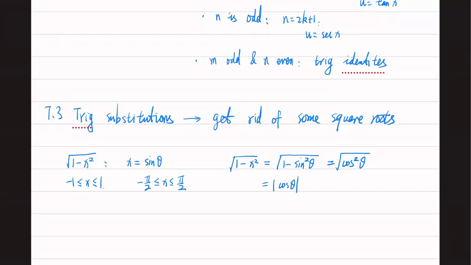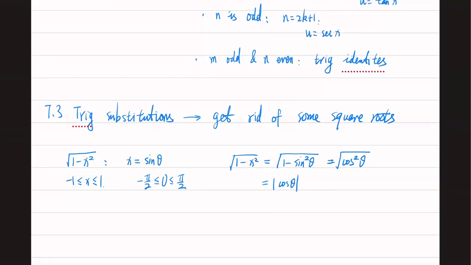However, on our domain, cosine theta is non-negative, so the absolute value is just itself.